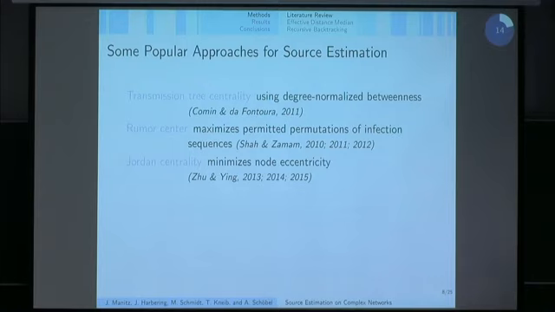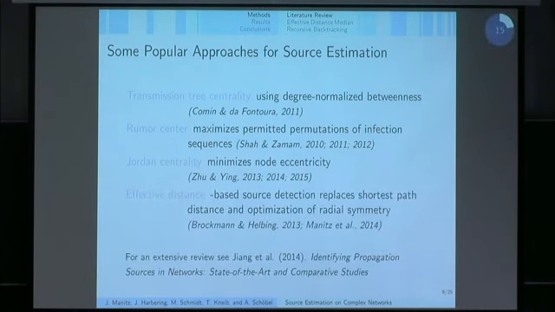Another one is the Jordan centrality, which minimizes also some type of centrality, node eccentricity. We base the effective distance median on an effective distance source detection that replaces the ordinary shortest path distance, as everyone knows it, by an effective distance, and then optimizes the radial symmetry.